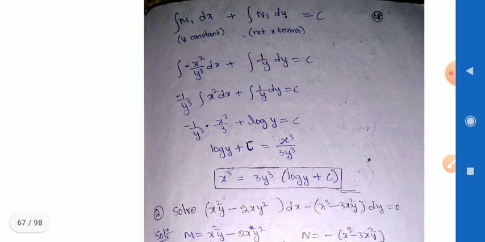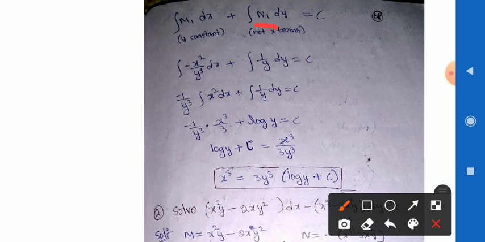Integration of m1 dx, taking y as a constant, plus integration of n1 dy, where n1 must not contain the x terms, equals c. Here I am writing the m1 value taking y as a constant: integration of minus x square by y cube dx plus integration of 1 by y dy. In n1 only the y terms should be taken.